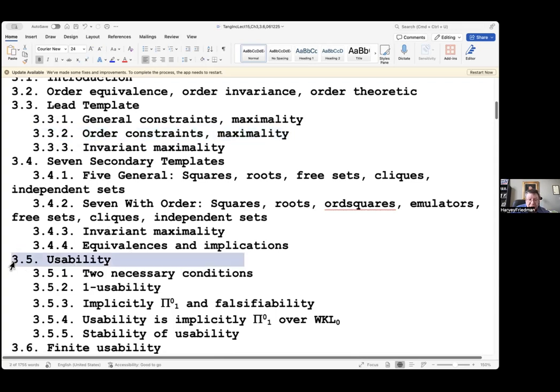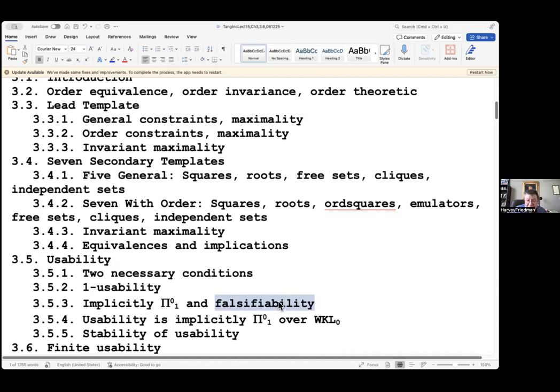Usability means can you use it in the template? And we talked about two necessary conditions. And we talked about usability in one dimension, which is completely analyzed. And then we talked about these statements being implicitly pi 0 1 and the falsifiability notion, which doesn't involve quantifier complexity like pi 0 1, but has the same effect.